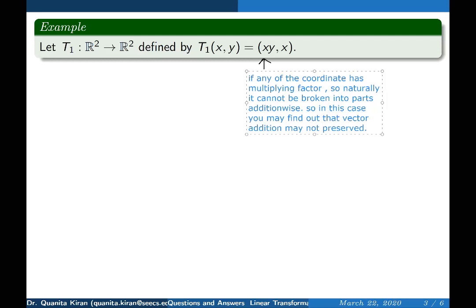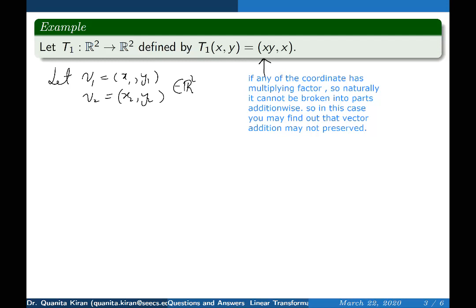Otherwise, you may take any general vector. Let v1 and v2 be any two general vectors in R2. And in this case, you calculate their sum v1 plus v2, x1 plus x2, and y1 plus y2.